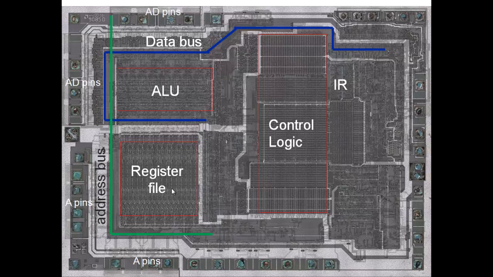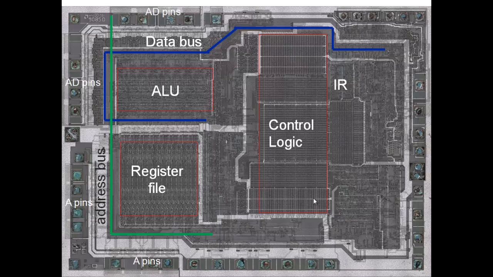This is a register file, the set of registers which are there: A, B, C, D, H, L, and all that. All the registers are in this particular part here. The data bus is running through this. The IC pins are all around here. And this is the control unit, your state machine.